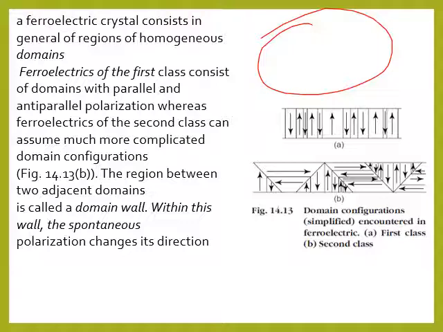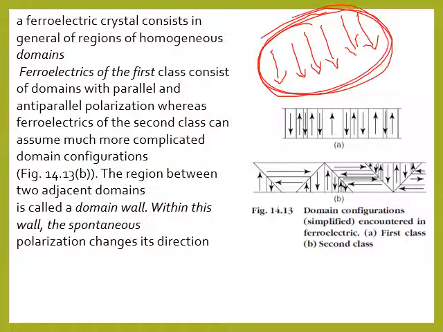The dipole moments of individual molecules are in one direction, meaning polarization is in one direction, and the overall polarization of all molecules is shown by this arrow. So in this one part, all the molecules have polarization aligned like this, and the overall is represented by this vector.